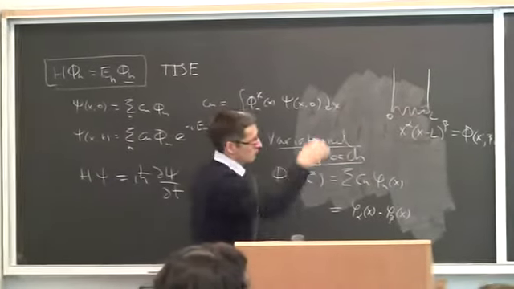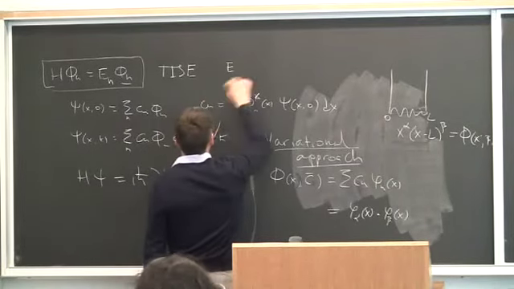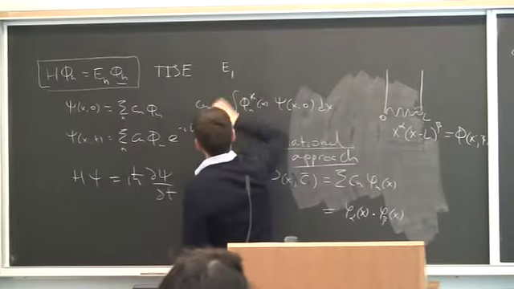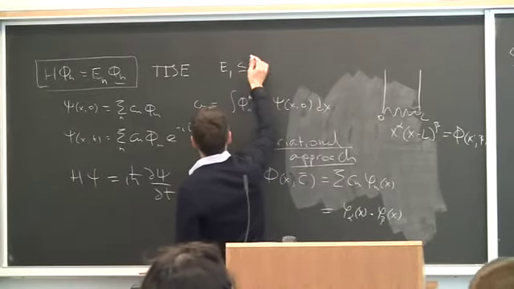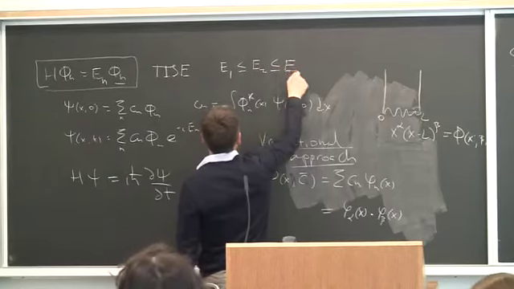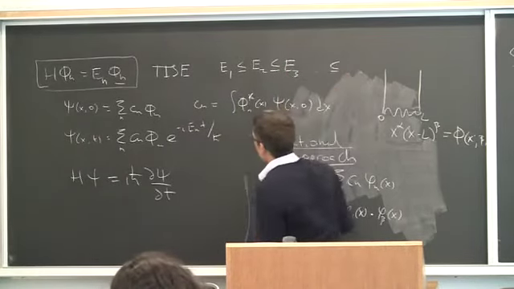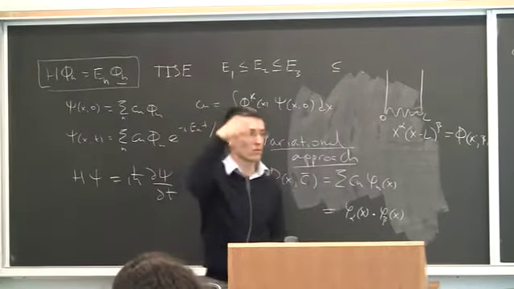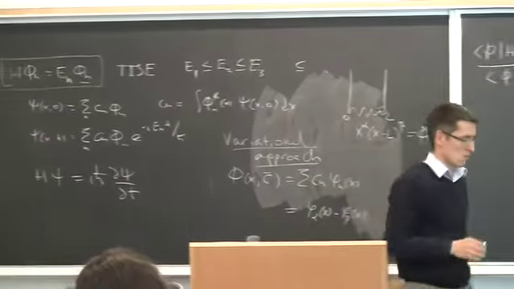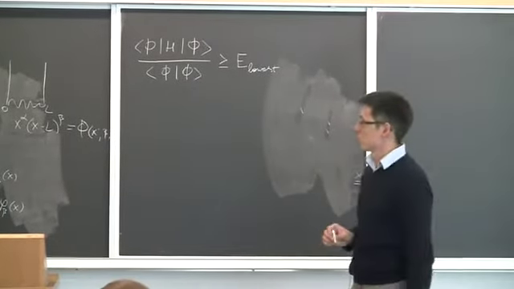Just to avoid writing lowest all the time, let's accept the convention that E1 will be the lowest, and then E2, E3, and so on will be other eigenvalues of the time-independent Schrödinger equation.